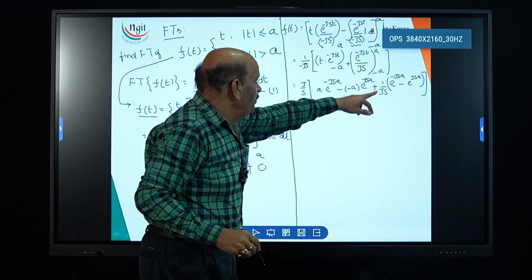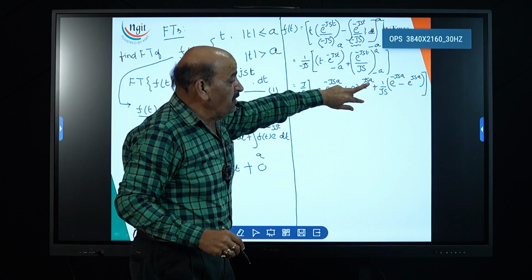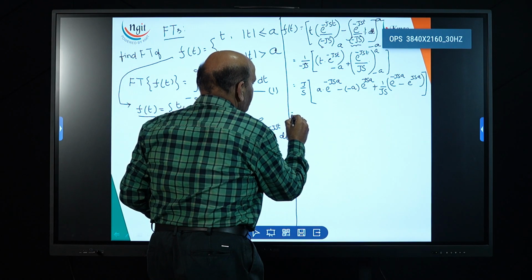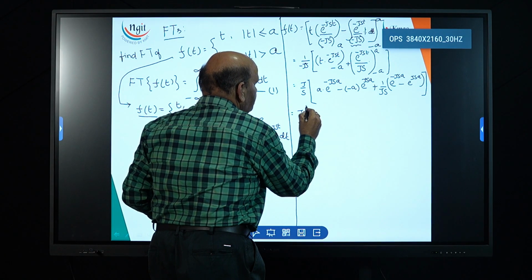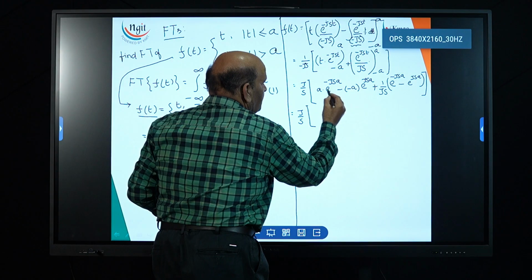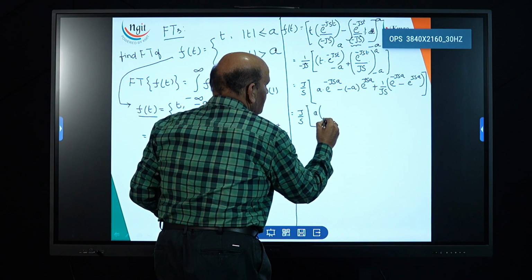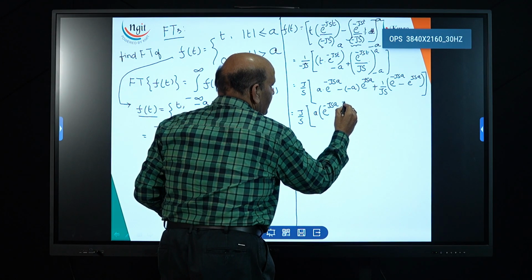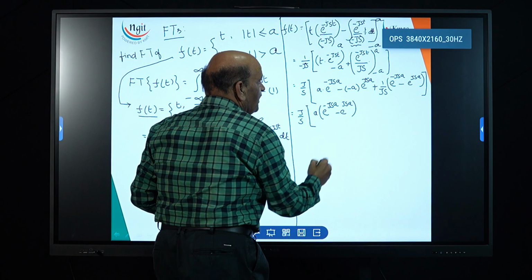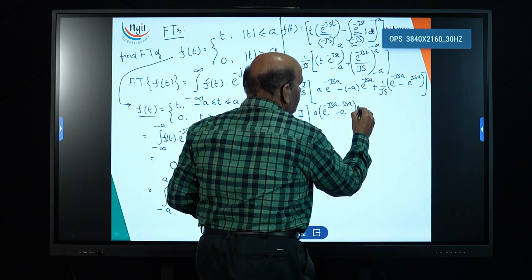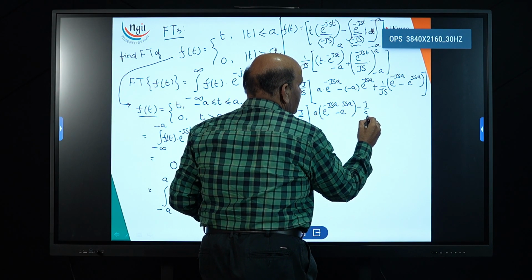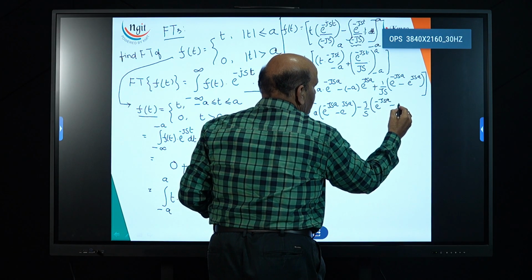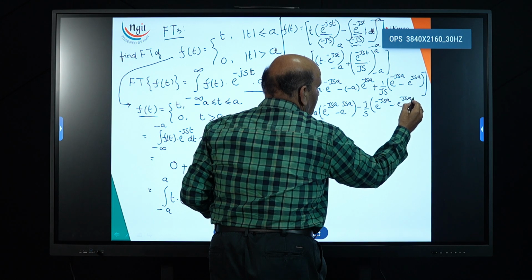Again, no need to have j in the denominator. Multiplying both sides by j, this will become minus js, so this becomes js. Now, on both sides, take a as common. You will get e power minus jsa minus e power jsa. Now this will become minus j by s of e power minus jsa minus e power jsa.